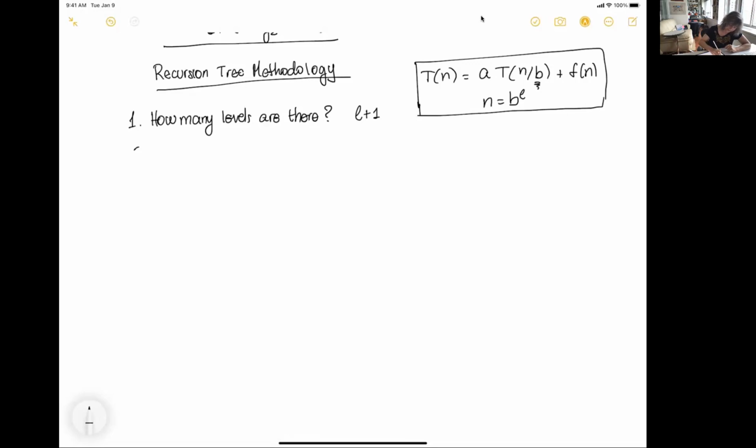Secondly, the interesting thing was how much work there is. First of all, how many problems or subproblems are there on each level?